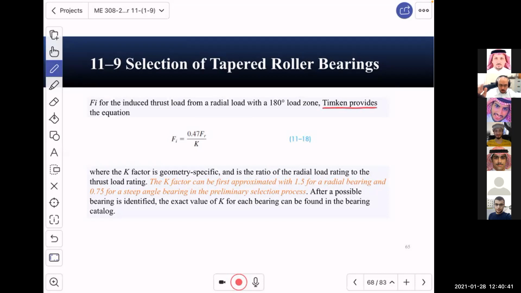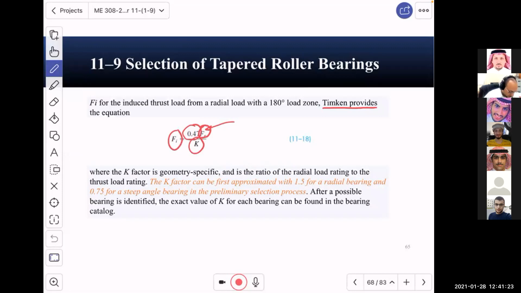It was derived by Timken, the bearing company, that the induced thrust load by a tapered roller bearing, when it is subjected to a radial load, is the radial load multiplied by 0.47 and divided by K, which is a constant. You multiply it by FR, and you will get how much this induced thrust is.